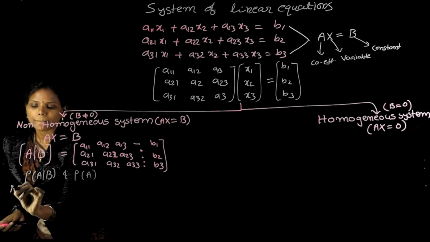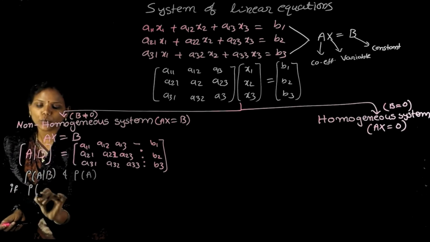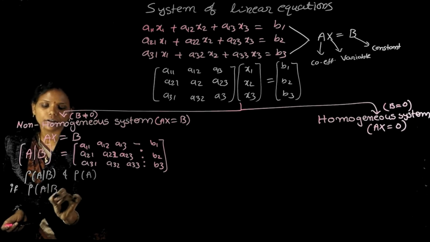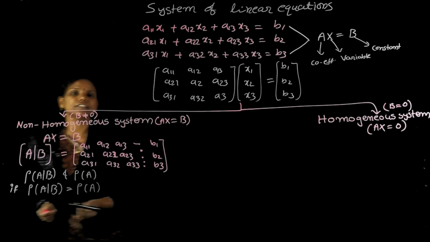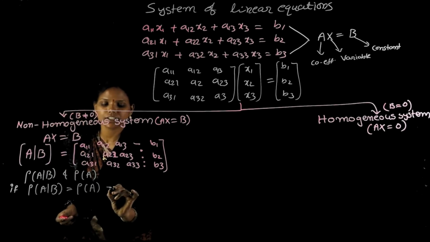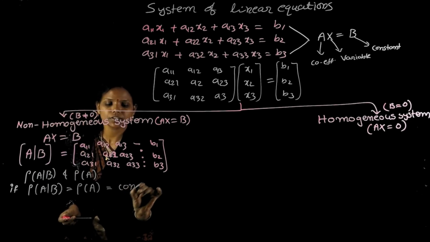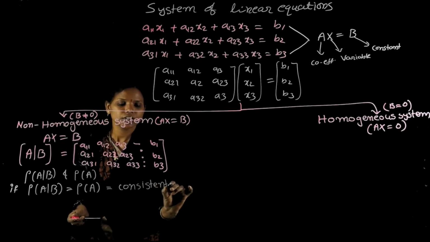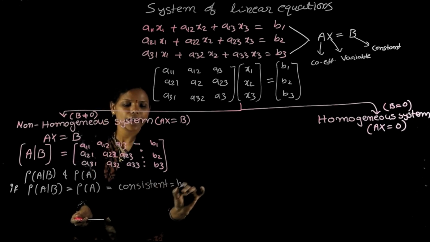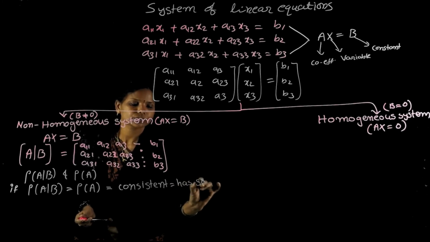If rank of AB is equal to rank of A, we can say that system is consistent. System is consistent. That means system has solution.